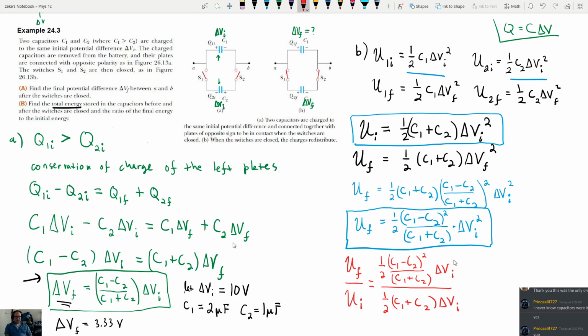Sorry, the delta V initials are supposed to be squared. Doesn't matter too much because they're going to cancel out. So now we can reduce this. All that stuff cancels. And our final result is C1 minus C2 squared. But now we're dividing by C1 plus C2, and it's in the denominator down here, so those will get squared too.